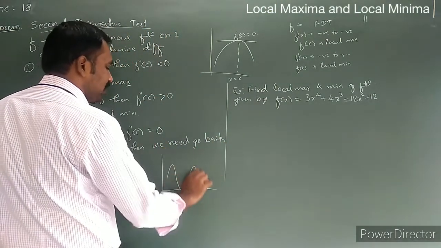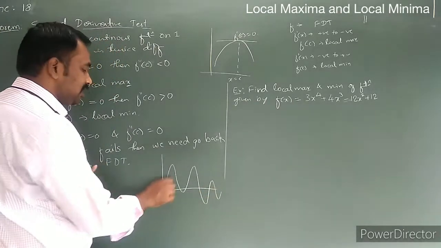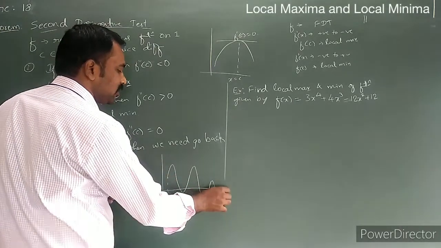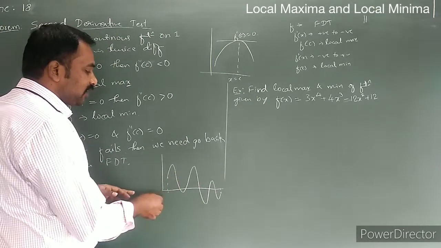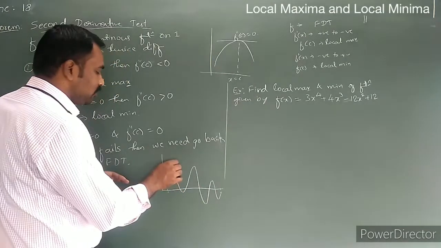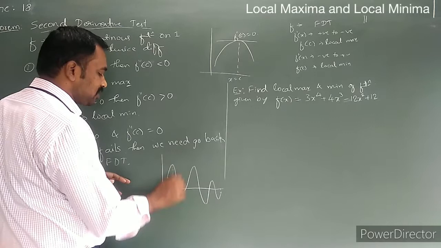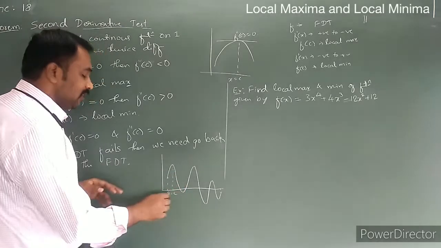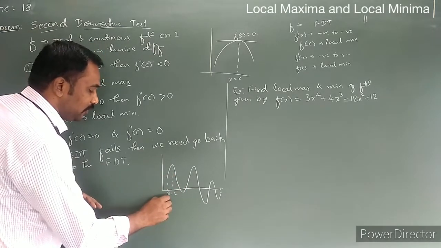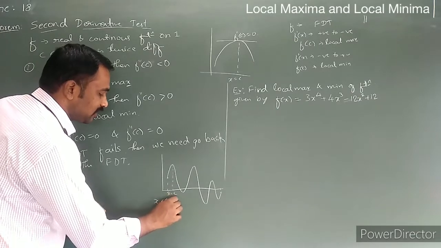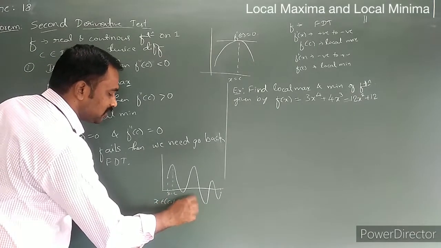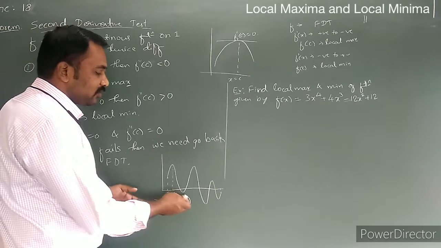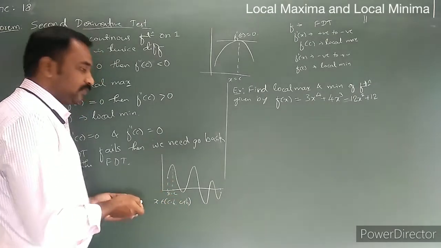There are so many maximum and minimum values in the domain of definition in the given interval. Out of that, locally we have to choose, that is at x equal to c, a local maximum value for x belonging to c minus h, c plus h. I already explained this meaning in the previous video.